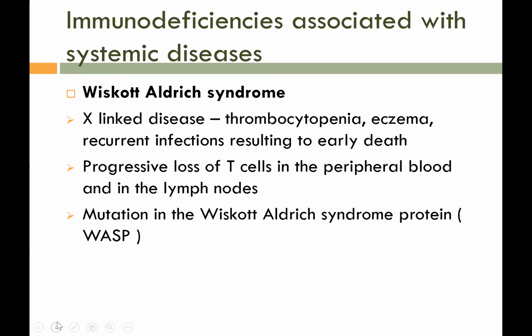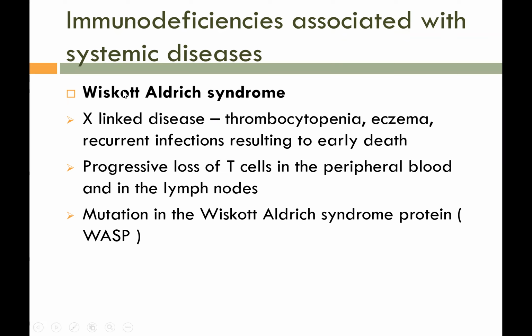So the W there should remind you that the problem is the WASP protein. The T here should remind you that the thymus is morphologically normal, at least in the early course of the disease, but there is progressive loss of T lymphocytes in the peripheral blood and in the lymph nodes, particularly in the paracortical areas.